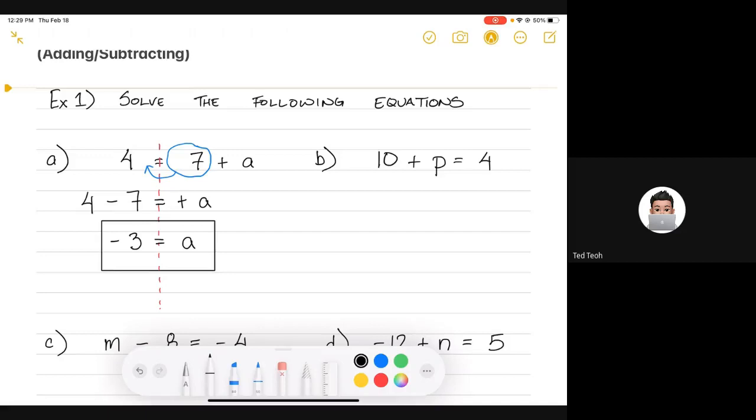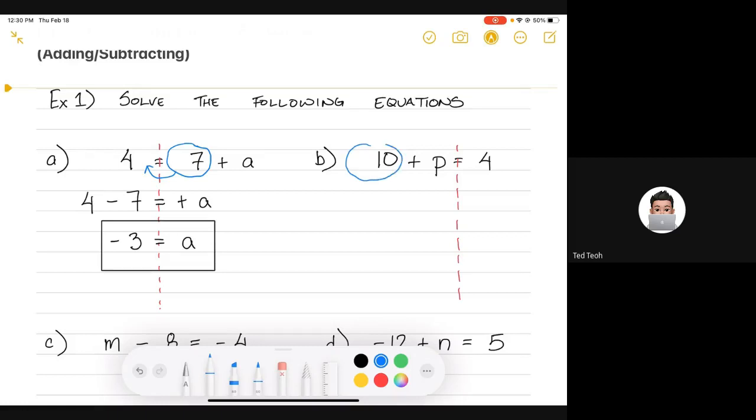All right, so let's try question B. Step 1 is to draw a dotted line where the equal sign is. Step 2, I'm going to get my variables, which are letters, on one side, and my numbers on the other. In this question, my variable is on the left side, so I'm going to keep it there, which means I have to bring this 10 to the other side.